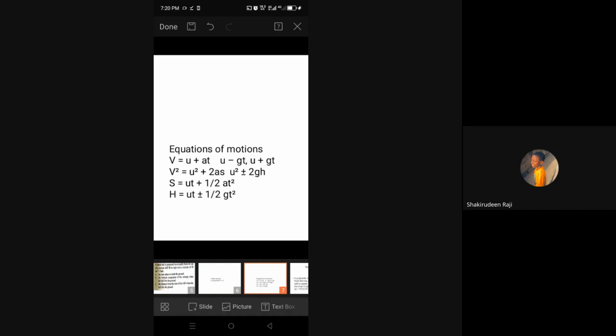So plus will be there. Which of these formulas do you think will be applicable? The second one, v square equals. Yes, you are right. The second one will be applicable.